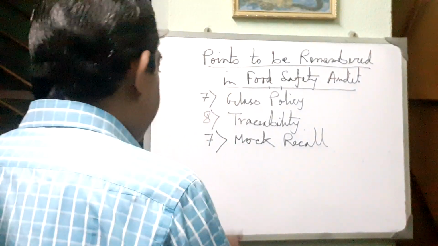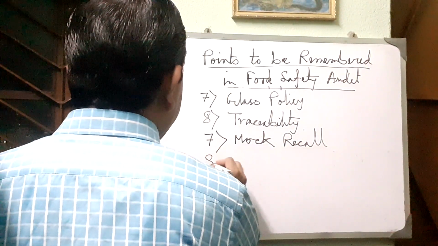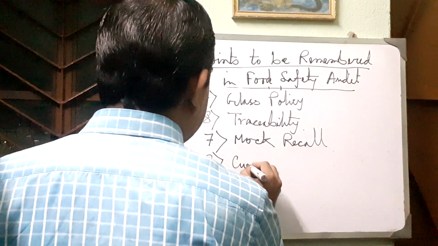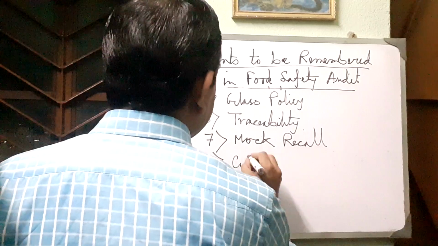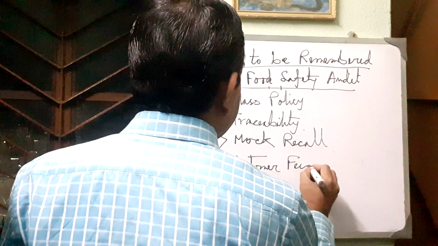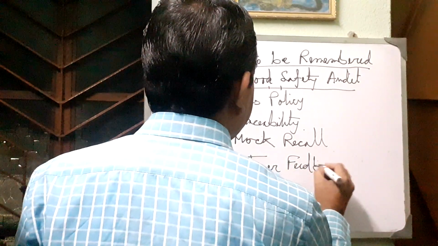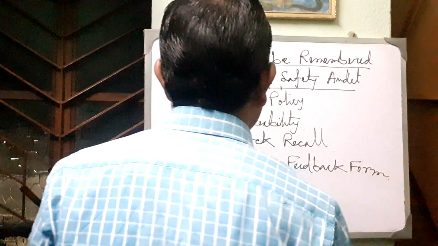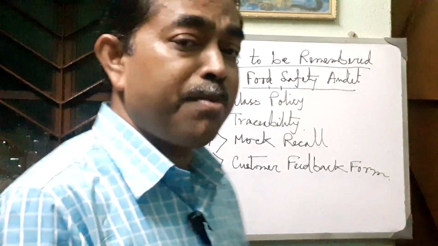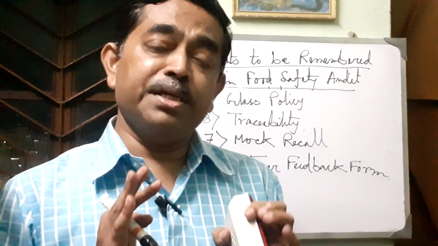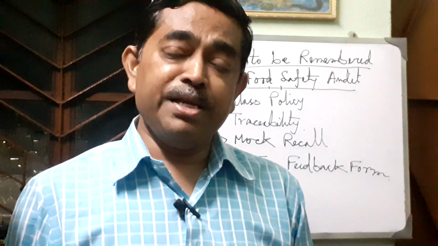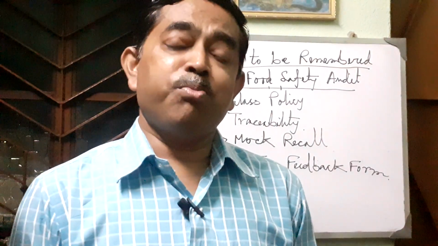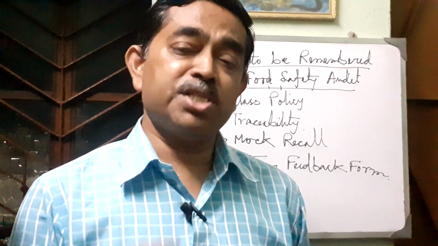These are very important parts of the food safety management system. And it is the customer feedback form. There should be some provision for daily customer feedback from the marketing department. They will give you the actual judgment of your product, and any suggestions.